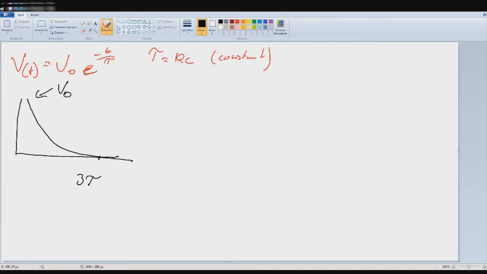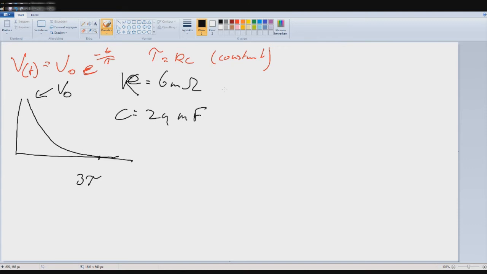So if I'm going to plug in my numbers, which I had, and that was 6 milliohms, I think. This is R, and C is then 24 millifarads.